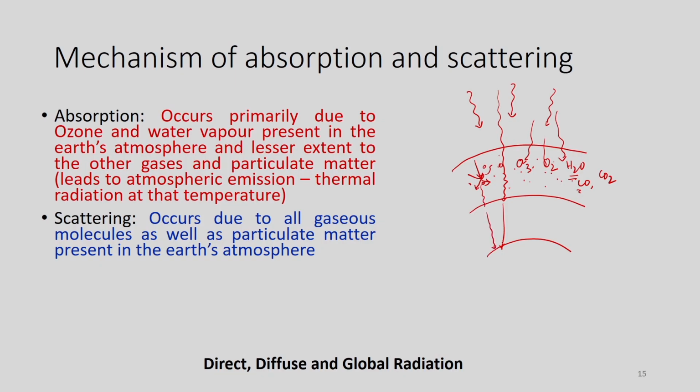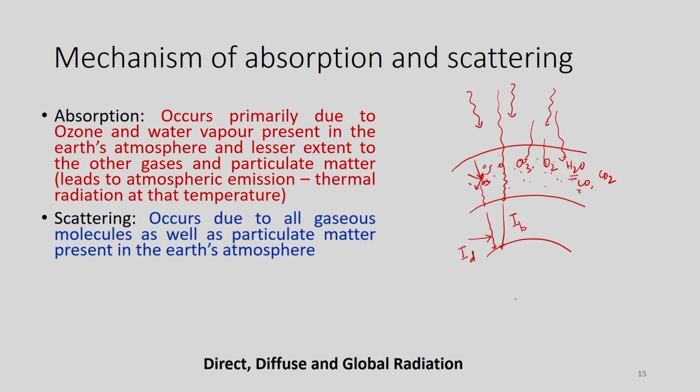The kind of radiation which is unaffected by the earth atmosphere is known as IB, beam radiation or direct radiation, and the kind of radiation which is received after scattering is known as ID, diffuse radiation.